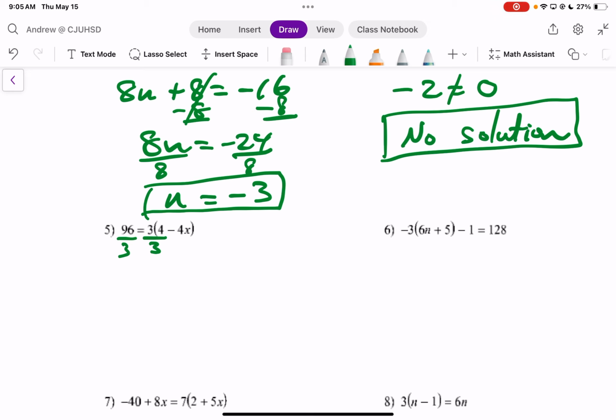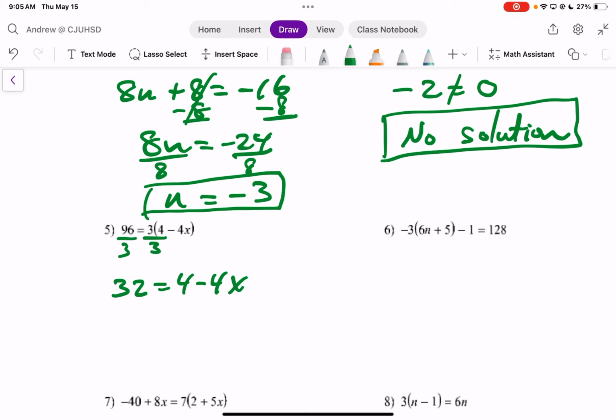If you did, that's fine. But if you notice that the 3 will go into it, then you don't have to distribute. You can just write that as 3 goes into 9 three times, 3 goes into 6 twice, and 32 is 4 minus 4x. If that saves you a little time, good for you.